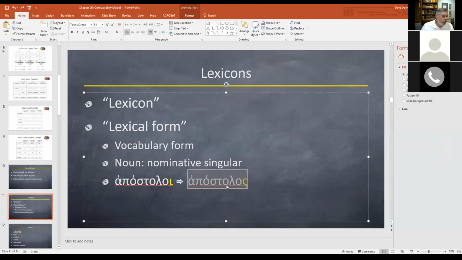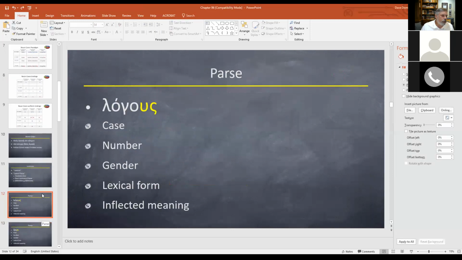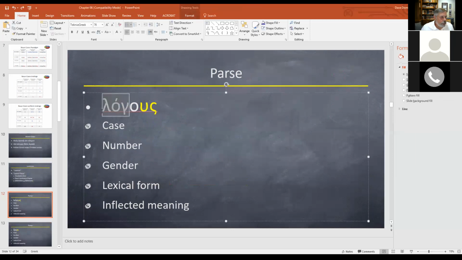Now when we actually break words down into their pieces, every word has sort of a placeholder. In logos, we have a root. We add omicron to make a stem, and that would be logo. That's this placeholder. And then we add the case ending.